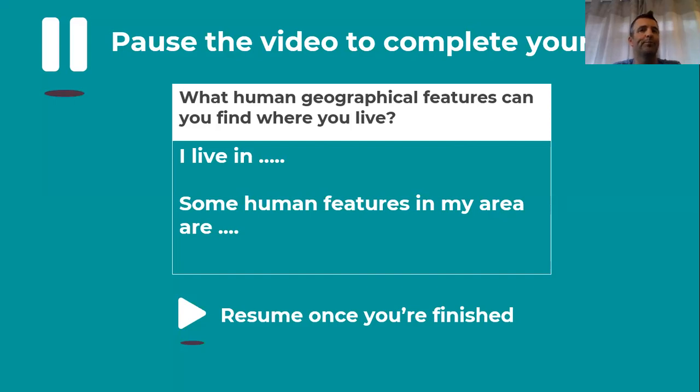For example, I live in Dorset, and some human features in my area are things like shops, restaurants, and schools. So those are different human features that I can find. Remember, these things are made by humans. So pause the video now and write some sentences about the human features in your area. Have a go.